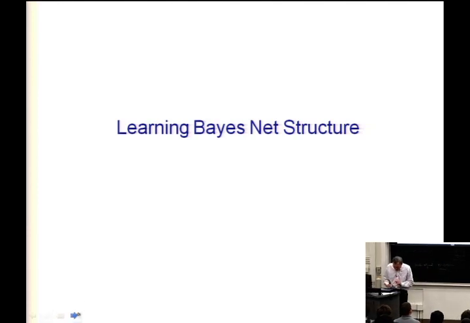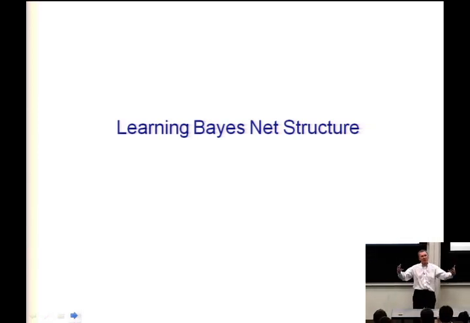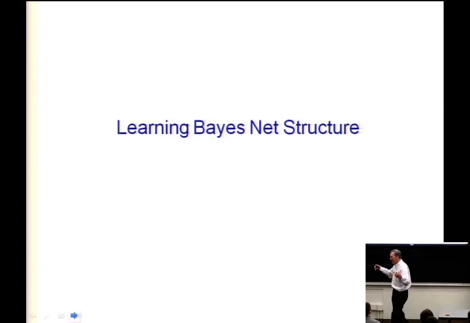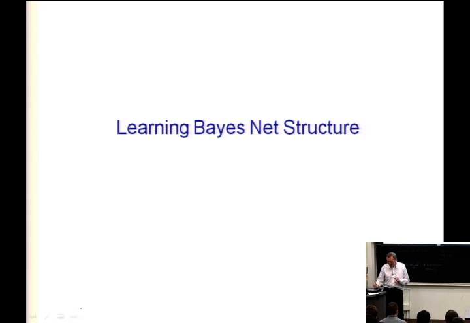Now doing that, finding that graph, can be complex if I just say, here are n nodes. There are a lot of graphs you can make up among n nodes. Searching around in that space is expensive and subject to overfitting kind of issues.